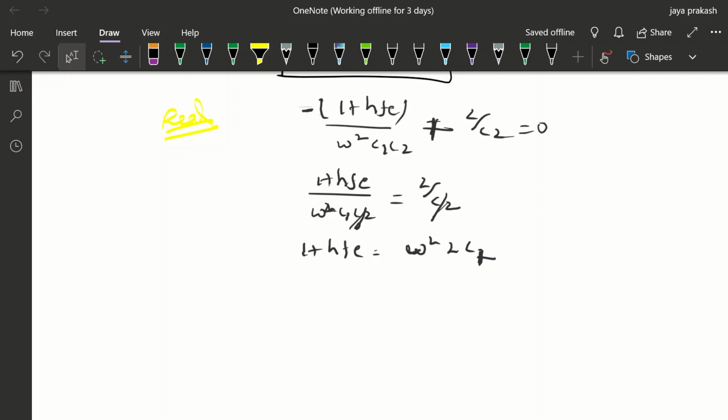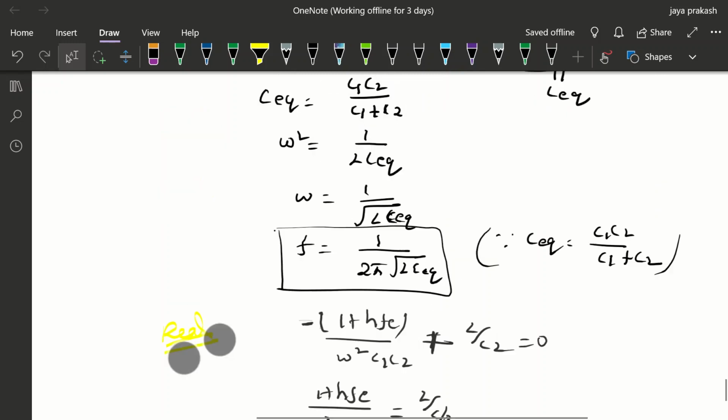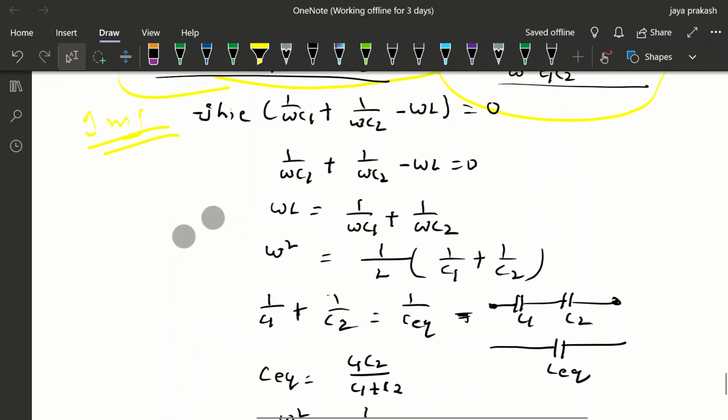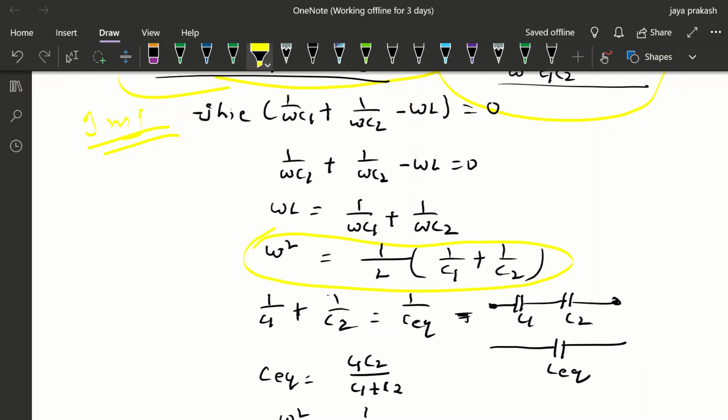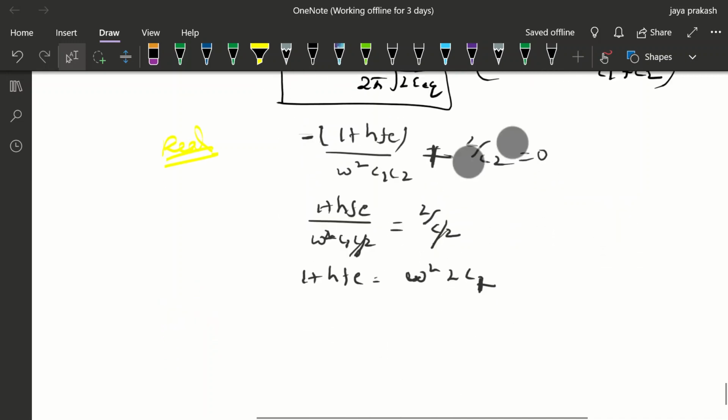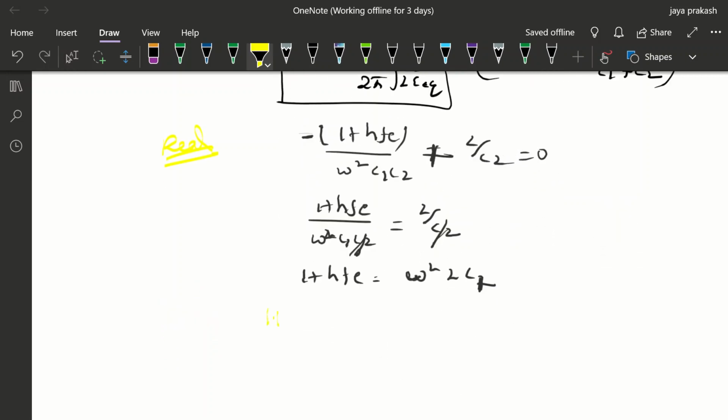So we can write from this one, omega square is equal to 1 by L into 1 by C1 plus 1 by C2. We can replace this omega square term by 1 by L into 1 upon C1 plus C2. Then 1 plus hfe is equal to 1 upon L into 1 by C1 plus 1 by C2, which can be written as C1 plus C2 divided by C1 C2 into L C1.